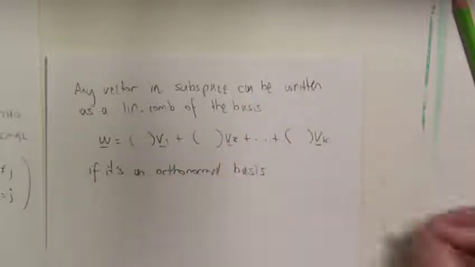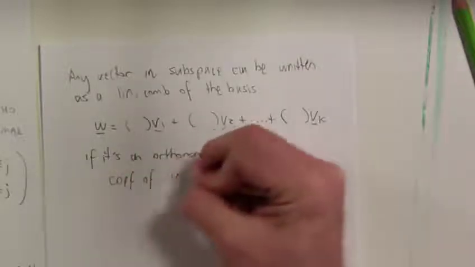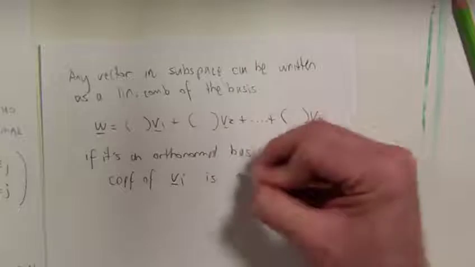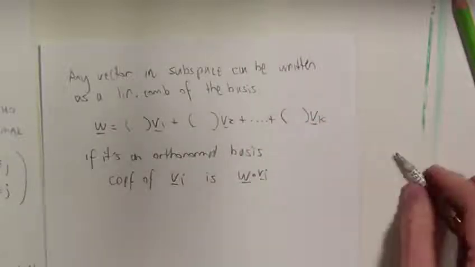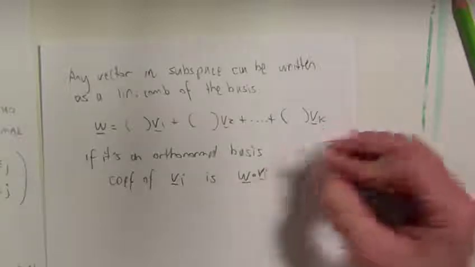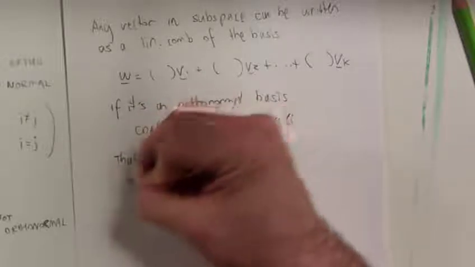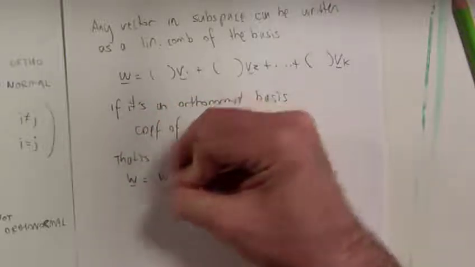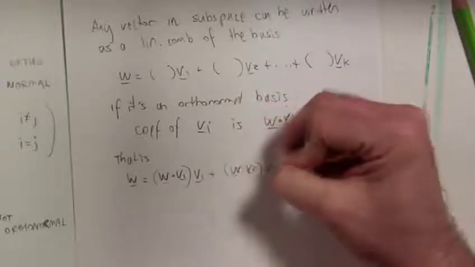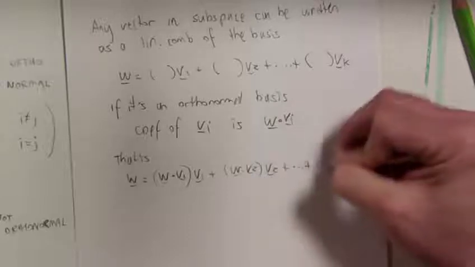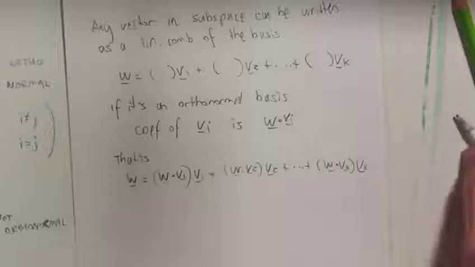If it's an orthonormal basis, then the coefficient of Vi is W dot Vi. That is, W is (W dot V1) times V1, plus (W dot V2) times V2, and so on up to (W dot Vk) times Vk.